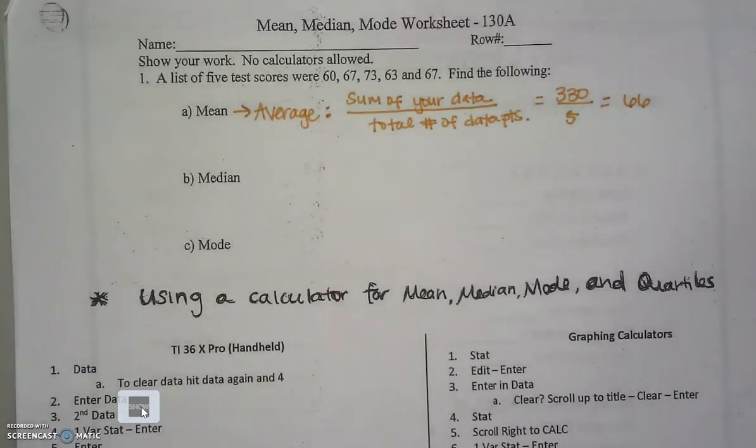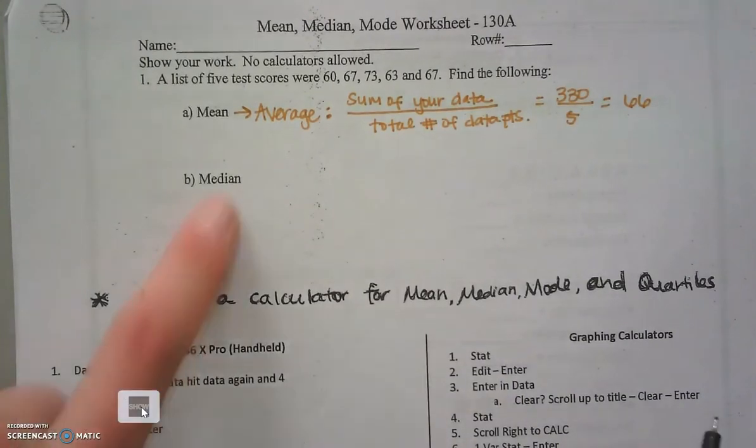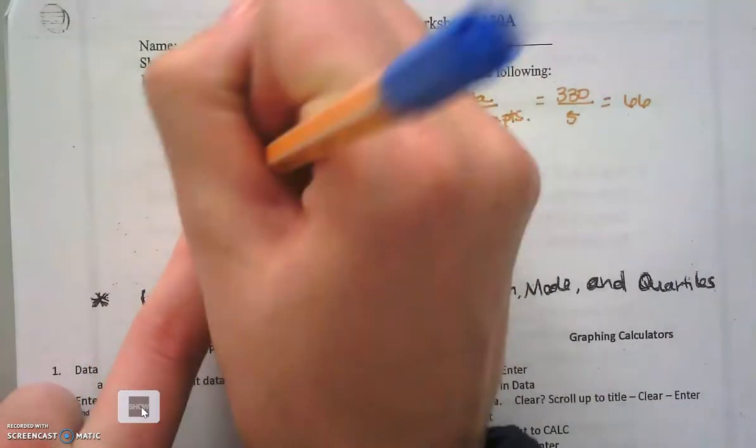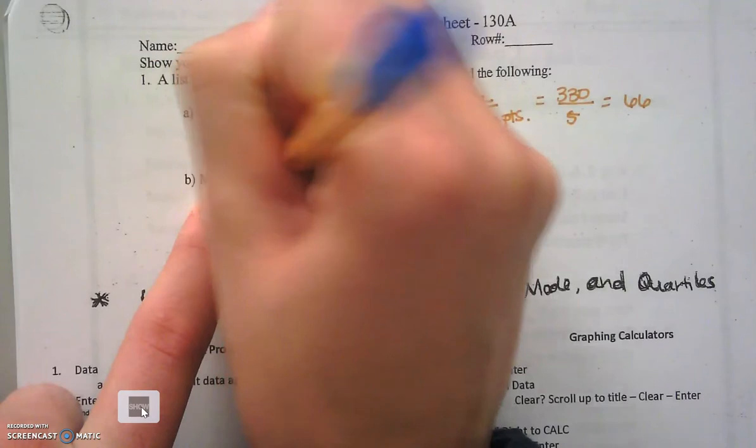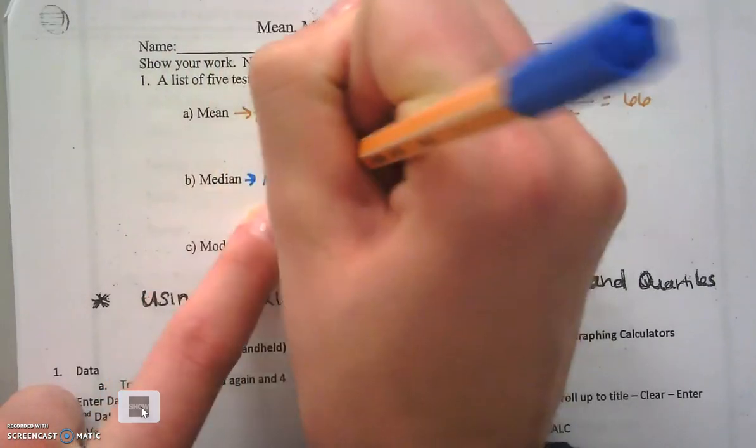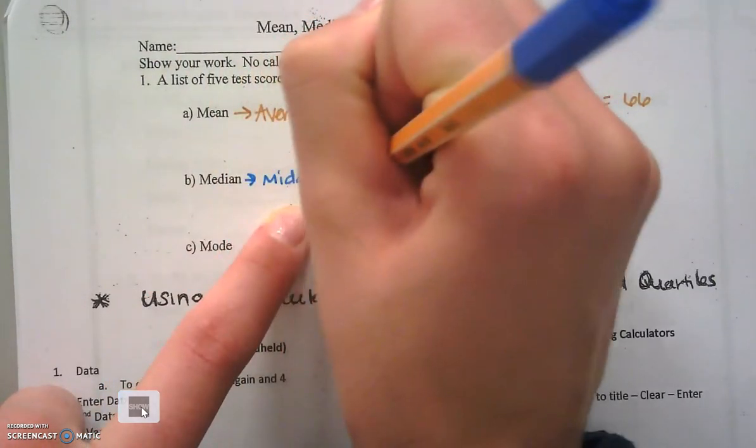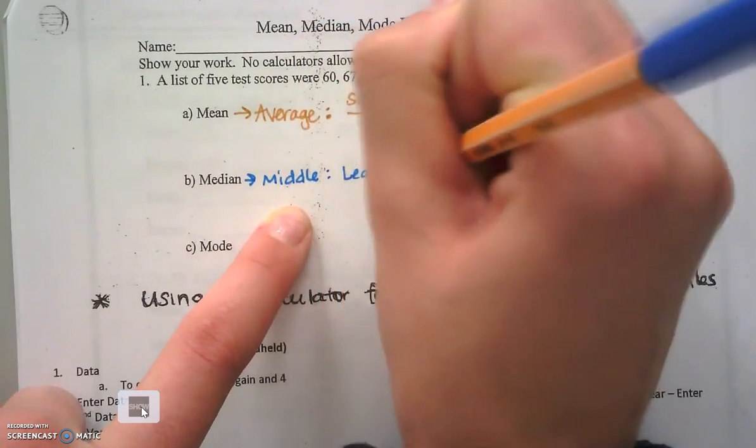Median, think of the middle of the road, those of you who are learning how to drive. The median is the middle. So in order to find the middle, we have to order our data from least to greatest.